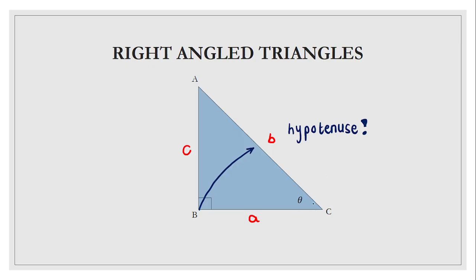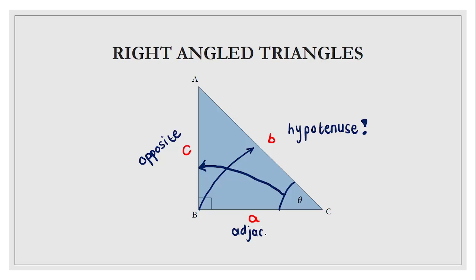So in trigonometry, the side c, the side that is opposite the angle that is stated, is called the opposite. I know, right? So creative. And then the third side is called the adjacent.